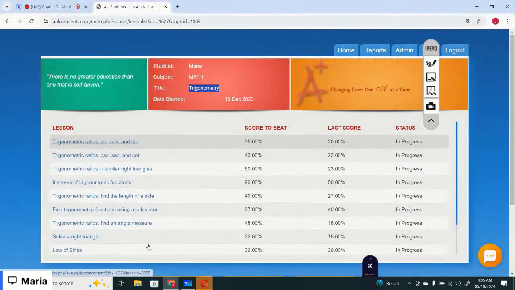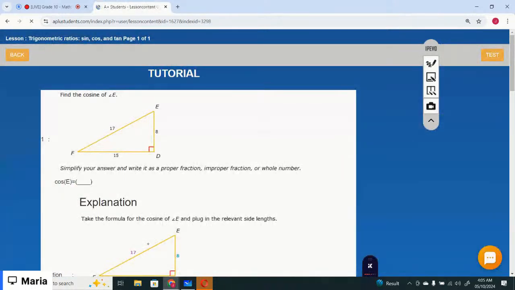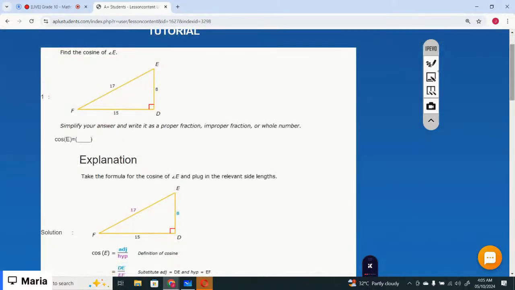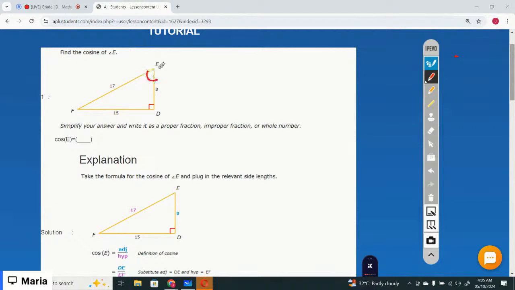Let's just start with the first lesson, that is trigonometric ratios, sine, cos, and tan. Find the cosine of angle E. Here is angle E, you need to find the cos of angle E. So cos of angle E is adjacent divided by hypotenuse.